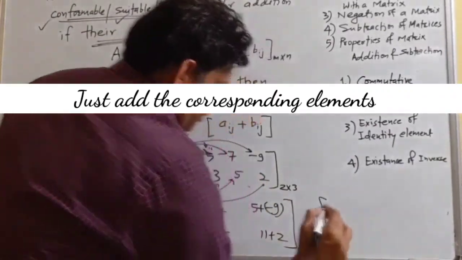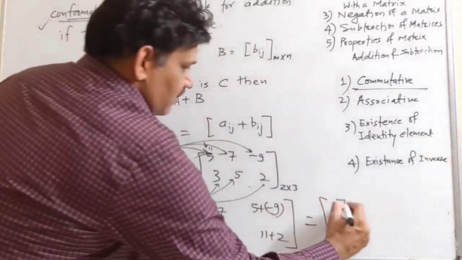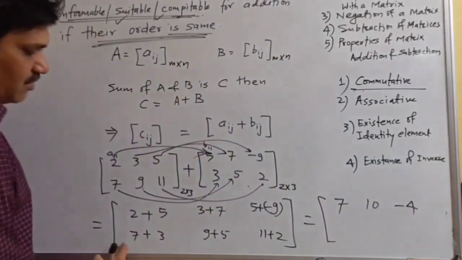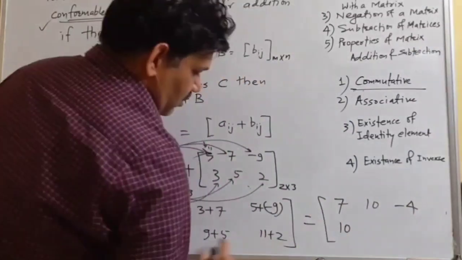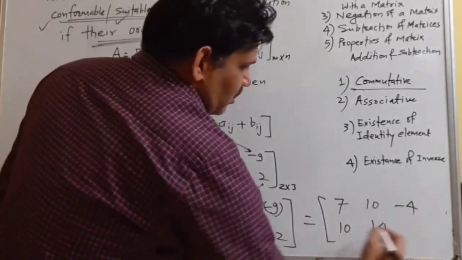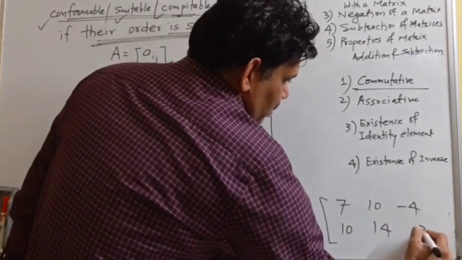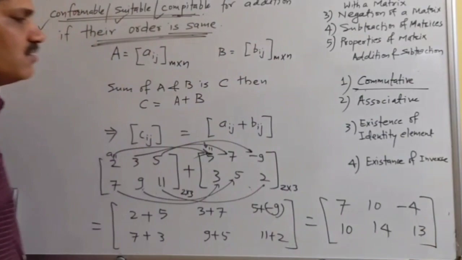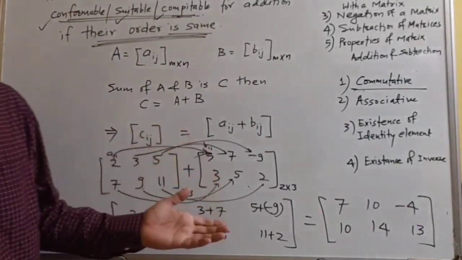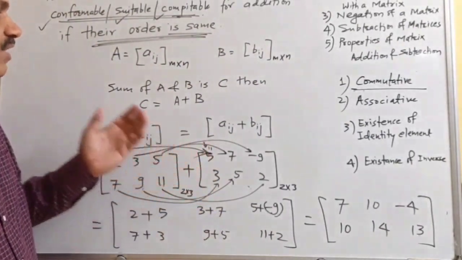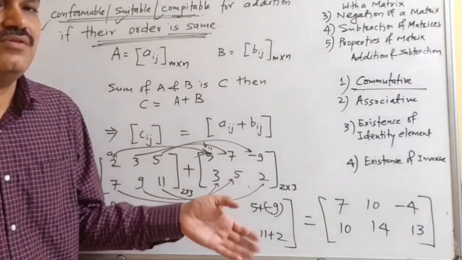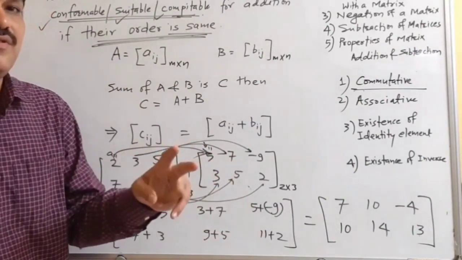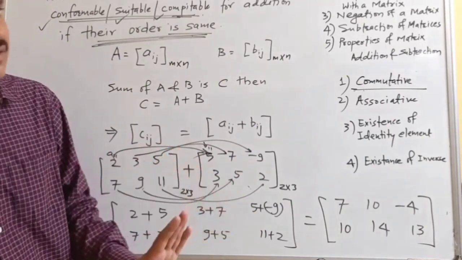And the final answer is 2 plus 5 is 7, 3 plus 7 is 10, 5 plus minus 9 is minus 4, 7 plus 3 is 10, 9 plus 5 is 14, and 11 plus 2 is 13. So this is how we find the sum of two matrices. Simply, we add the corresponding elements of the two matrices. But first of all, we check whether the order of both the matrices is the same or not.